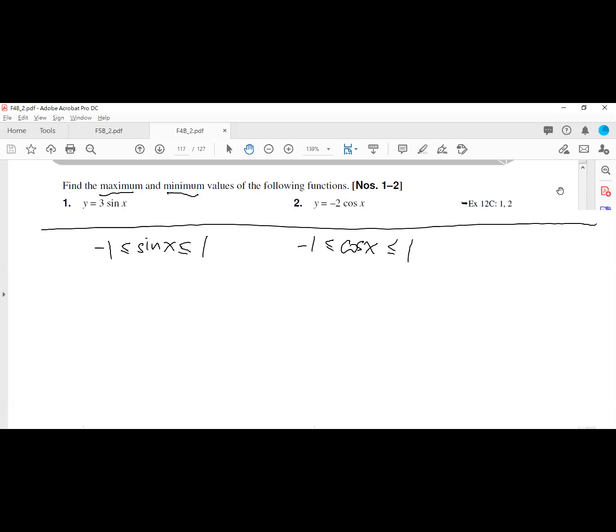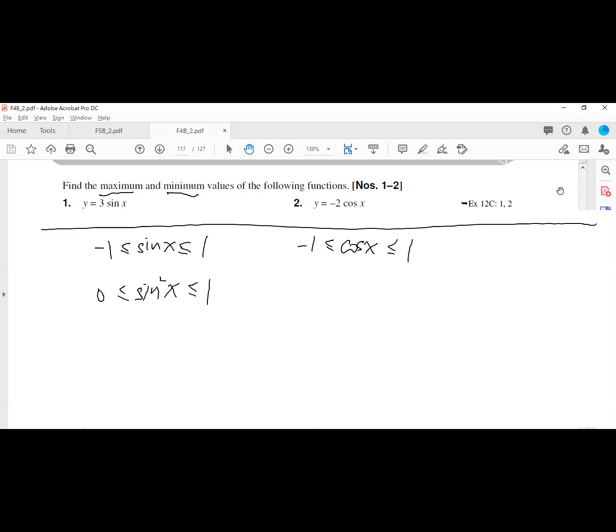If there is a sine square x in the question, we will start doing the question from this, from 0 to 1.